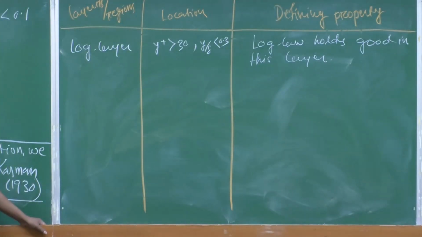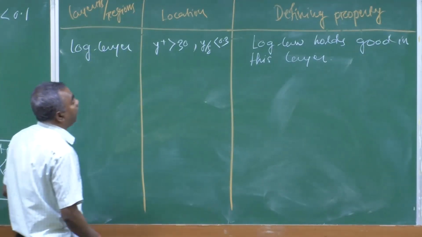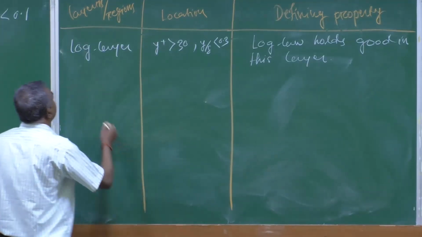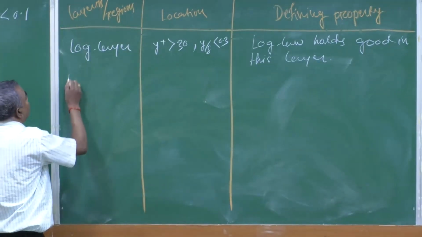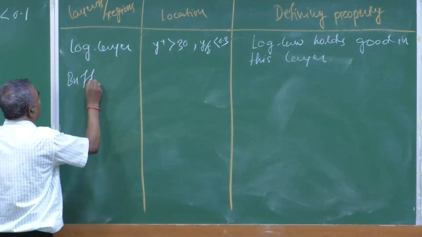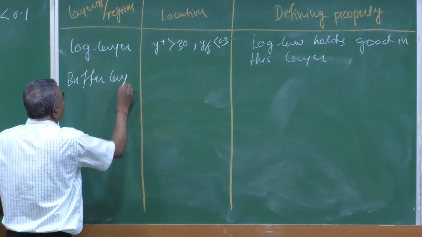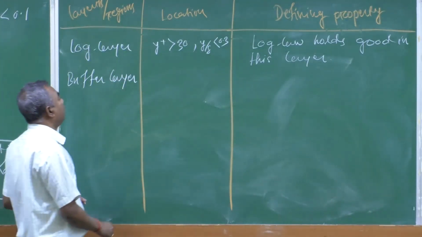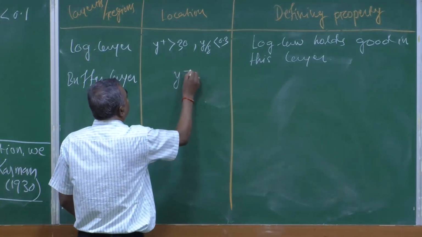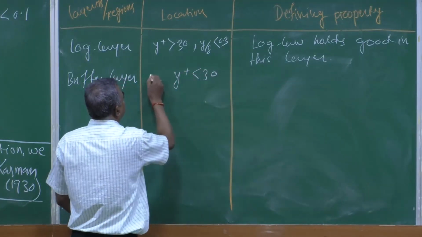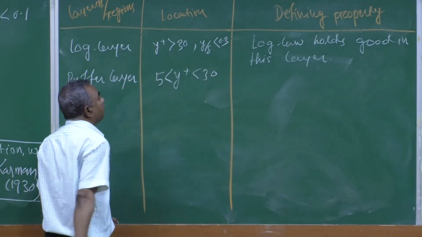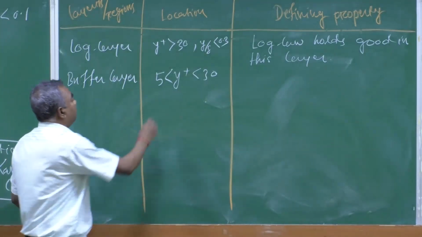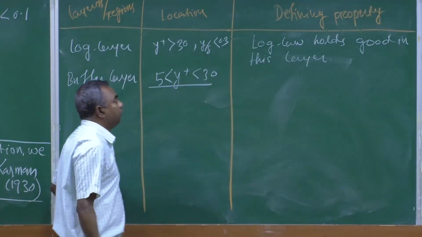Then after the log layer we have something called the buffer layer. So, the buffer layer holds good within this region.